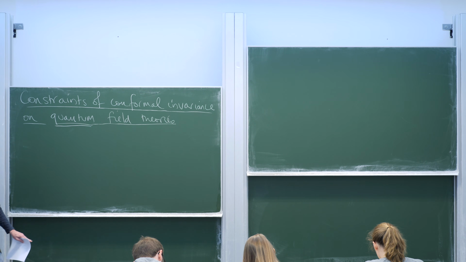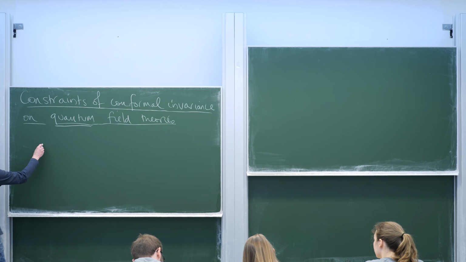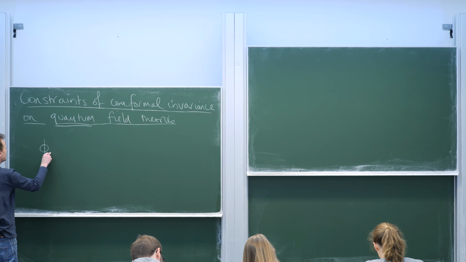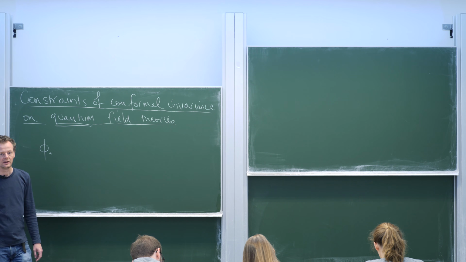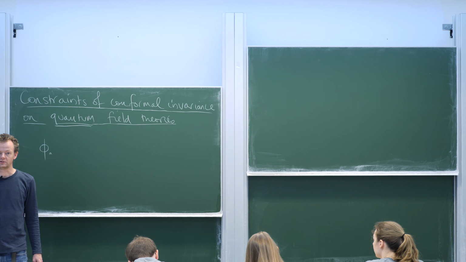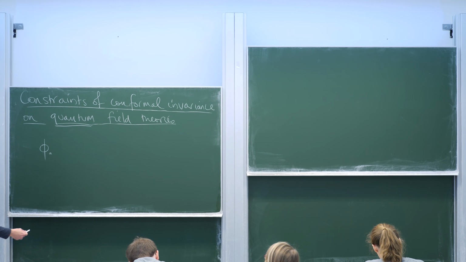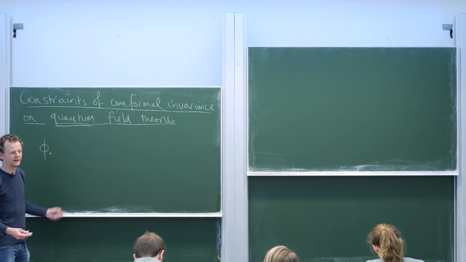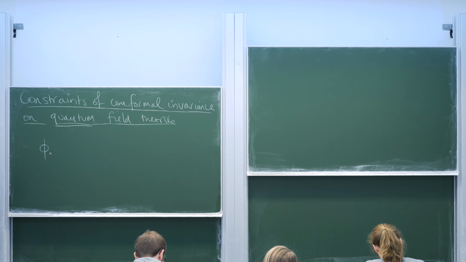Probably the most important observation from the previous lecture is that if you have a classical field and you do a dilation on this field, a scaling transformation, then it transforms in a very particular way. That was the main result of the previous lecture.